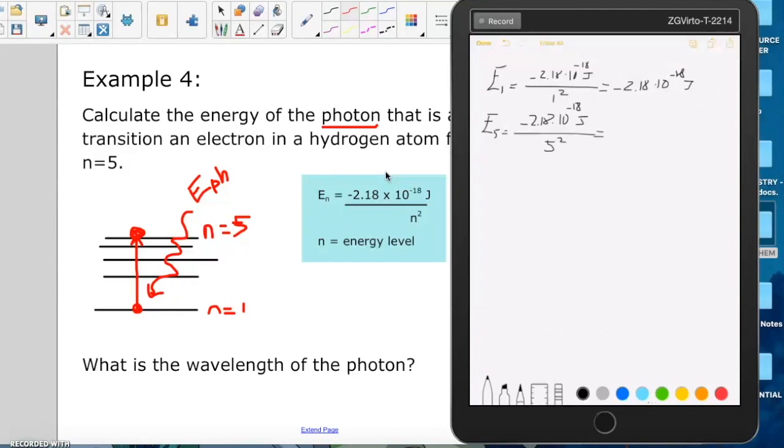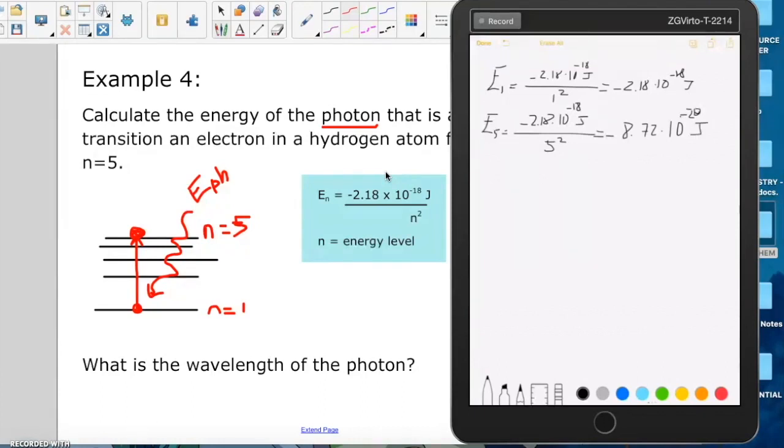I'm going to do this in my calculator: minus 2.18 exponent minus 18 divided by 25, and that is going to be minus 8.72 times 10 to the minus 20 joules.